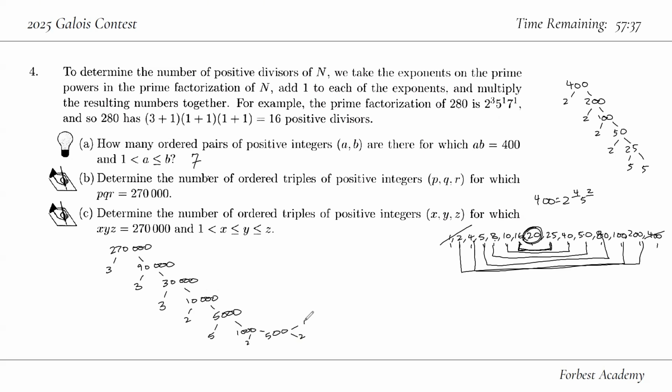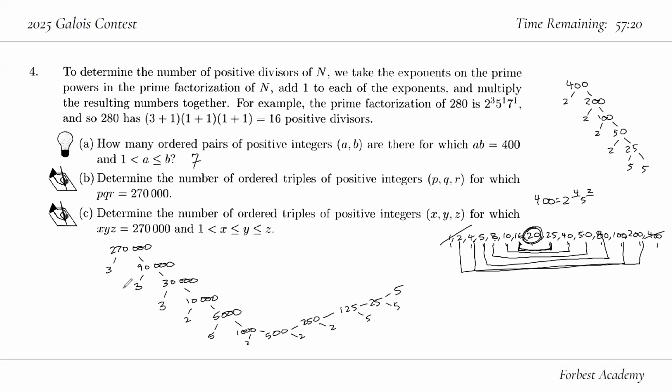Two and 250 and 2 and 125 and 5. Let's say 5 times 5 times 5. Okay, so actually I'll do it properly. So this is 25 and this is 5 and this is 5.